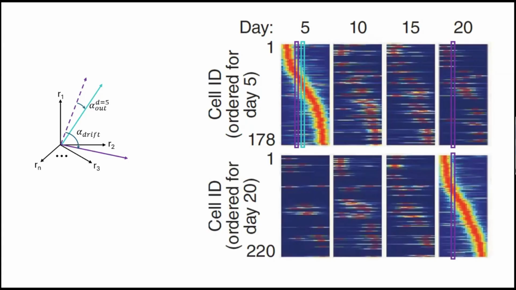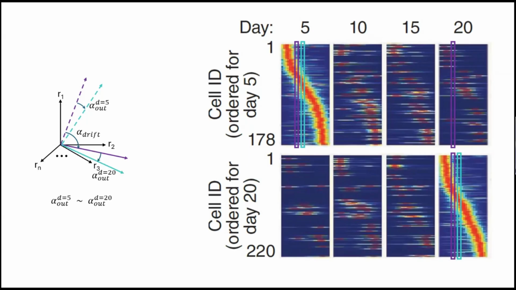Whatever this pattern happens to be, it's been rotated. Here it is; I'm just resorting it. It's the same activity. If I look at this cyan position at a later time, its angle with respect to the purple one is very similar to the previous one. That means that what drift has done is that any given output pattern is rotated, but if I consider the similarity between two different representations, they get co-rotated. That's what that means.